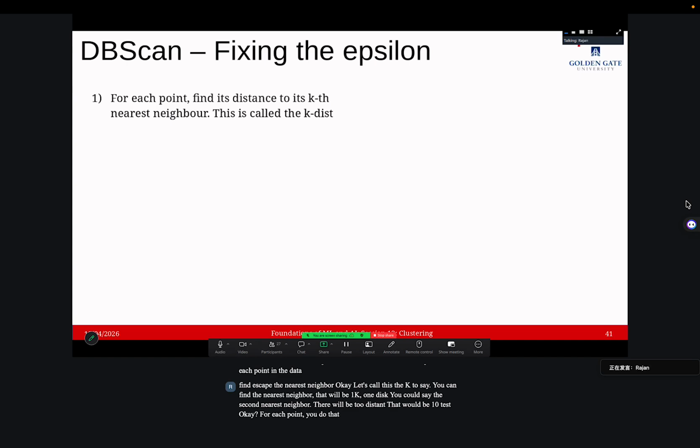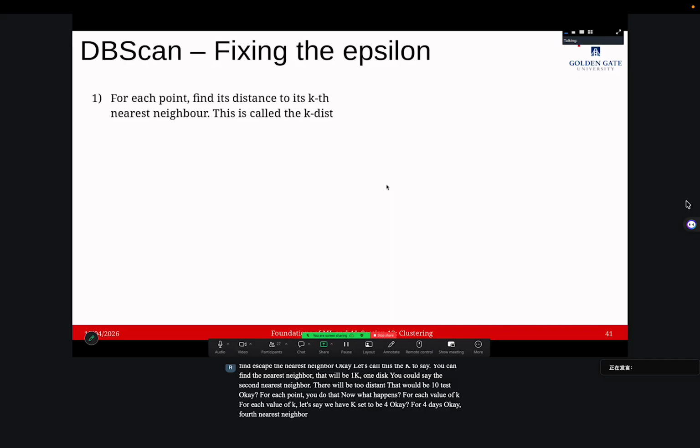Now what happens for each value of k? Let's say we have k set to be 4. For 4-dist, the 4th nearest neighbor, you have different distance values. Sometimes for one point, the 4th nearest neighbor might be this close.